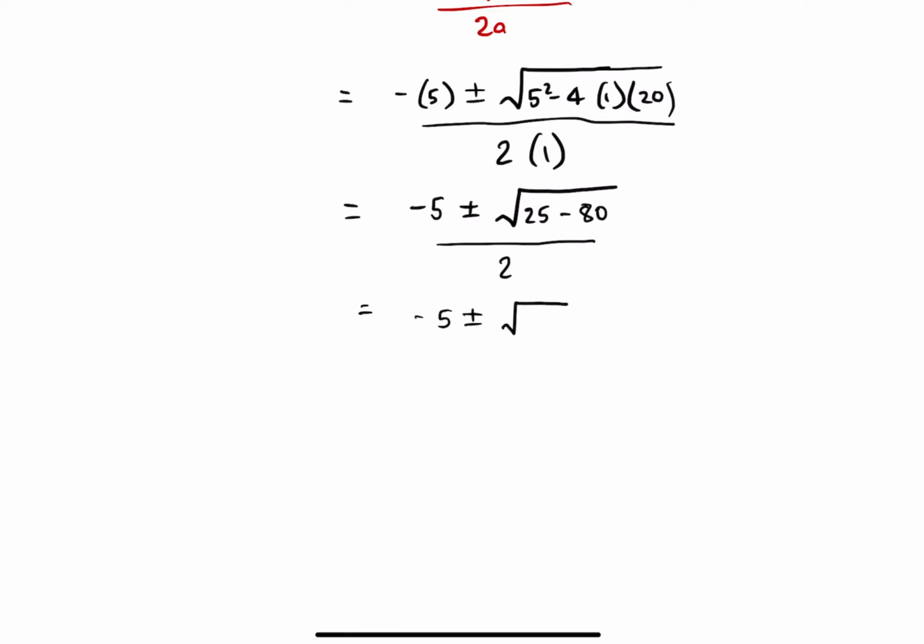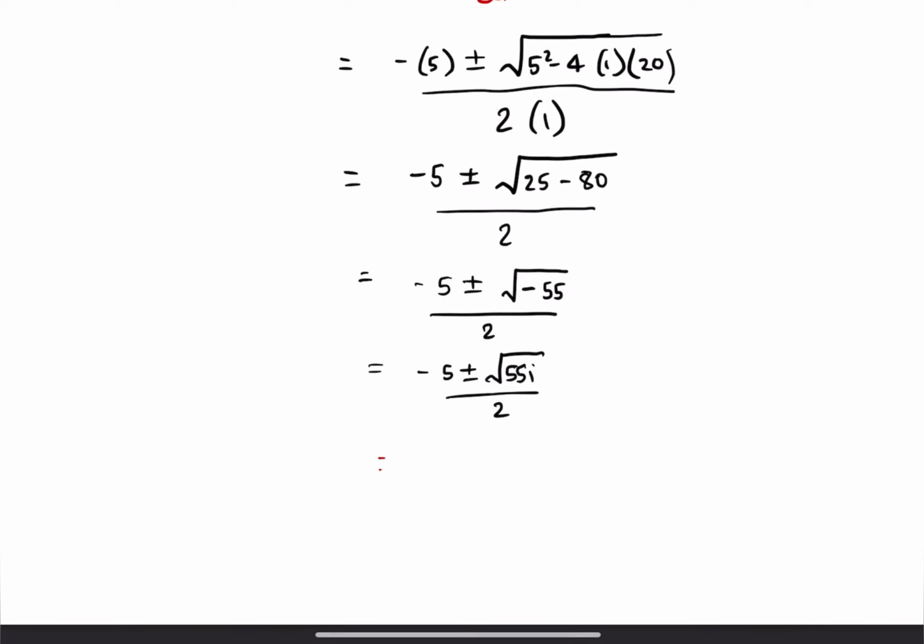Now, 25 minus 80 would give us a negative number, negative 55. So that would give us minus 5 plus or minus the square root of negative 55, divided by 2, which is imaginary.